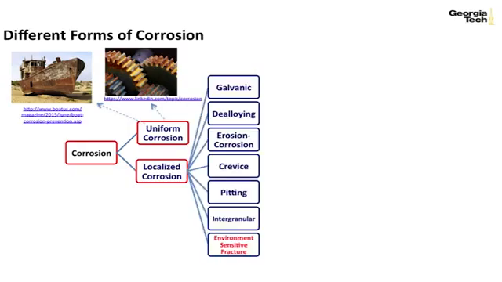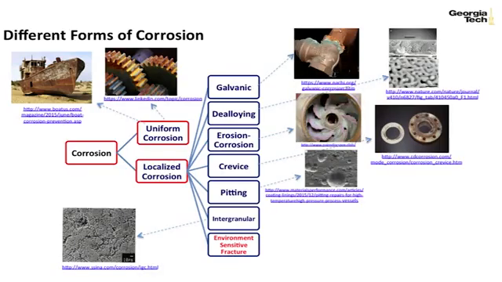Localized corrosion has different forms like galvanic corrosion, de-alloying or selective leaching, erosion corrosion, crevice, pitting, and intergranular. These occur without any role of stress, and they occur in a localized fashion only in areas where passivity or inhomogeneity can lead to localized corrosion.